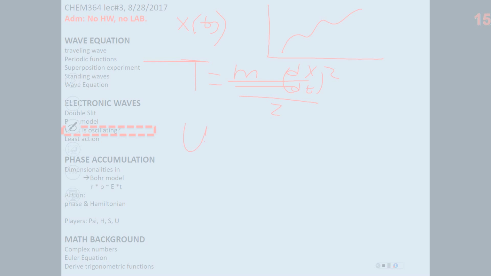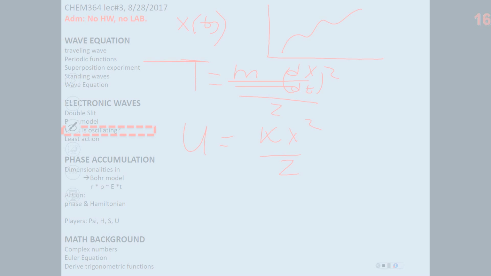And potential energy, well, let's take something simple, kx squared over 2 for a spring and mass. It's not general, it is only one example, but you can get it. And the values of this energy will be different at each point of the trajectory if there is a motion.